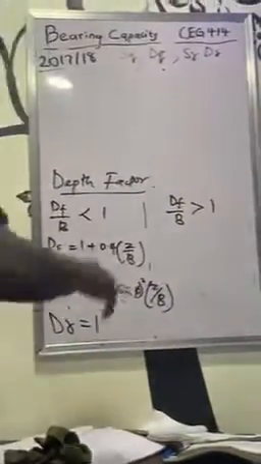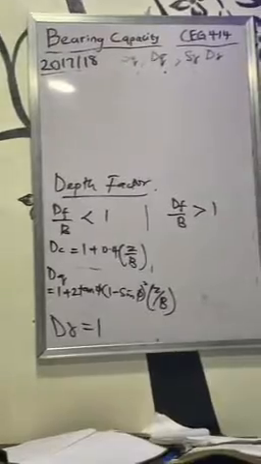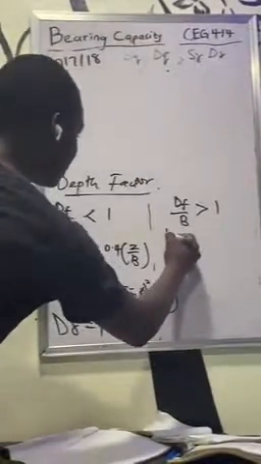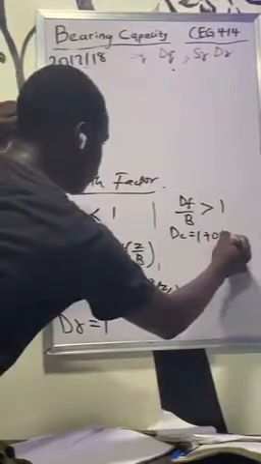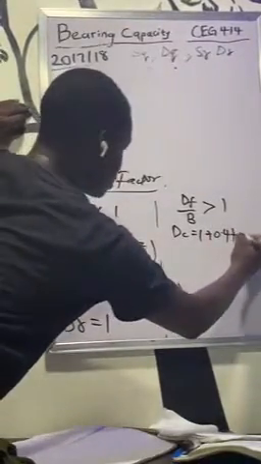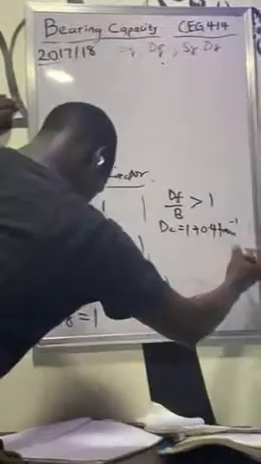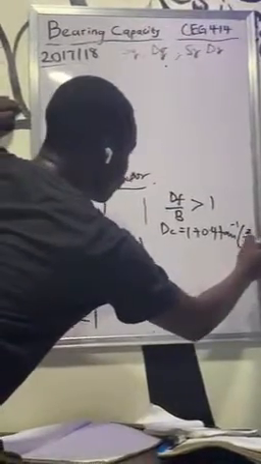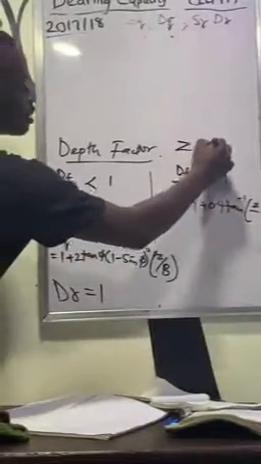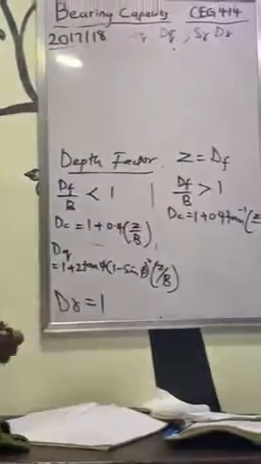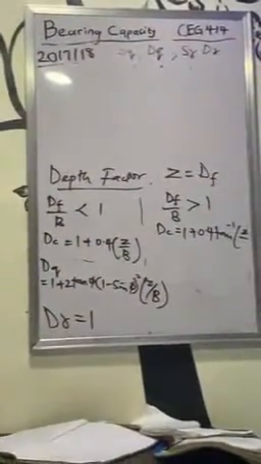So next thing, for when Z over B is greater than 1, I have my DC equals 1 plus 0.4 tan inverse of Z over B. Please, I'm very sorry, Z, I'm writing the same thing as DF. Please don't get it mixed up. Don't start thinking where Z is.